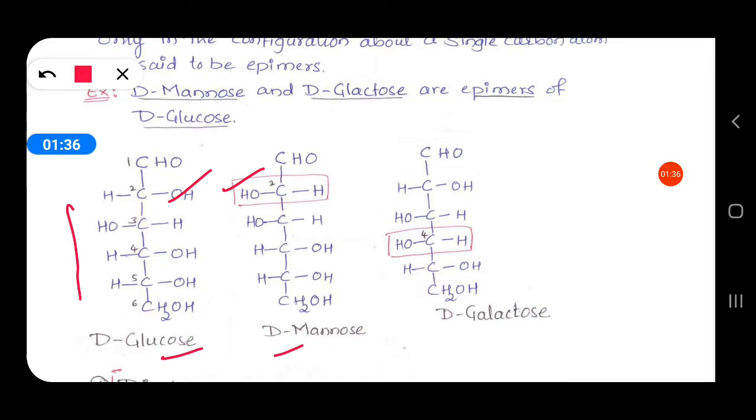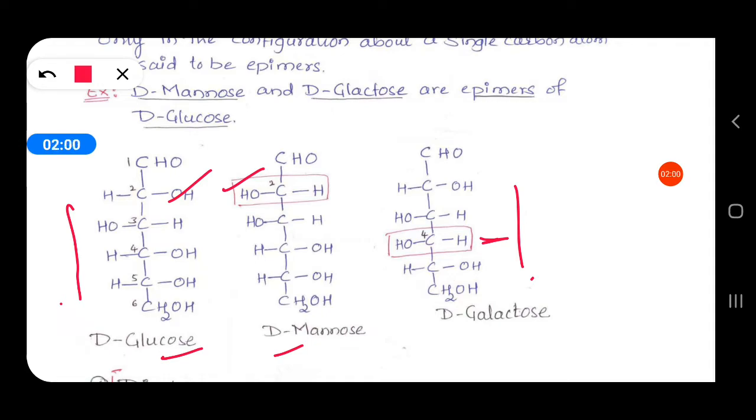See the configuration of glucose and galactose, both change at the configuration of the fourth carbon only. Remaining all is the same, only the fourth carbon configuration of D-galactose and D-glucose is changed. Therefore, D-glucose and D-galactose are called epimers of each other.